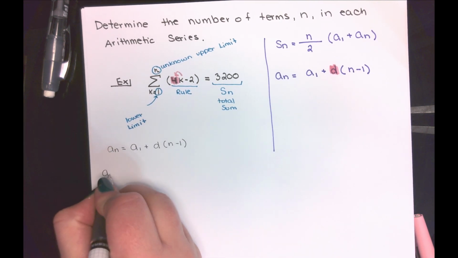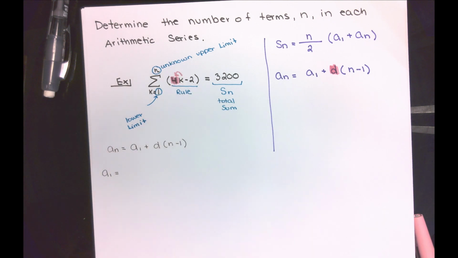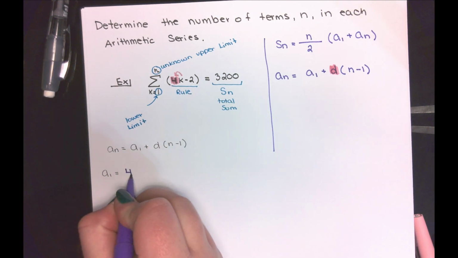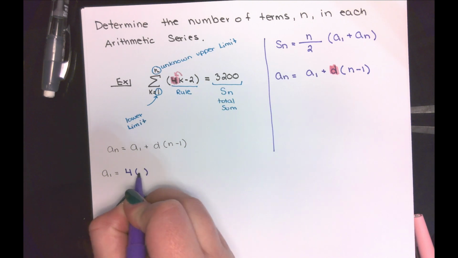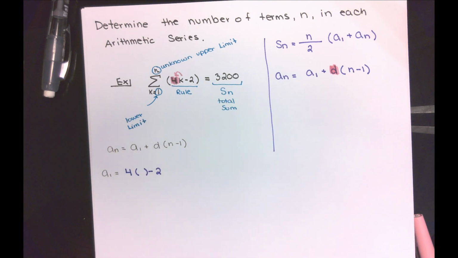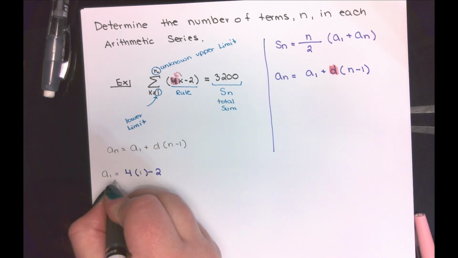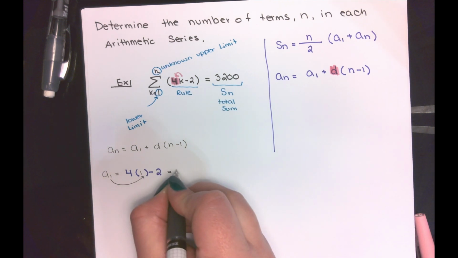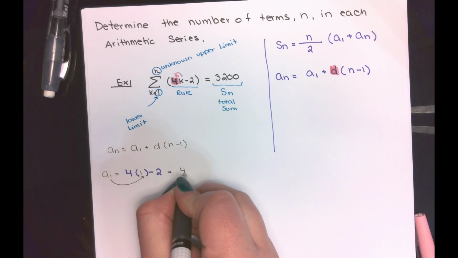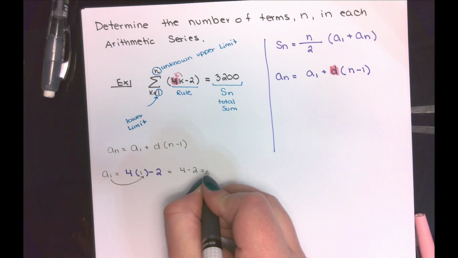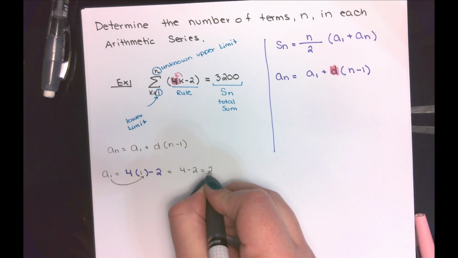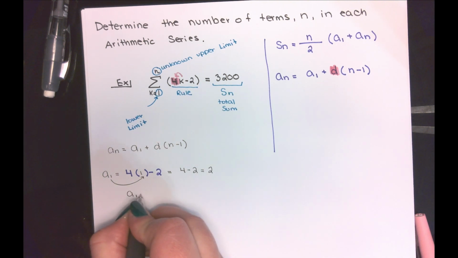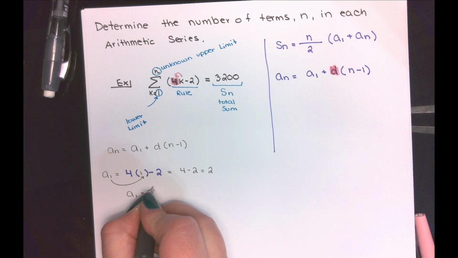A sub 1 is equal to, copy down the equation, 4 times k minus 2. K is now 1. Remember, this all matches. We're putting in the lower limit. 4 times 1 is 4 minus 2. It is 2. So the term in the lower limit position is 2.